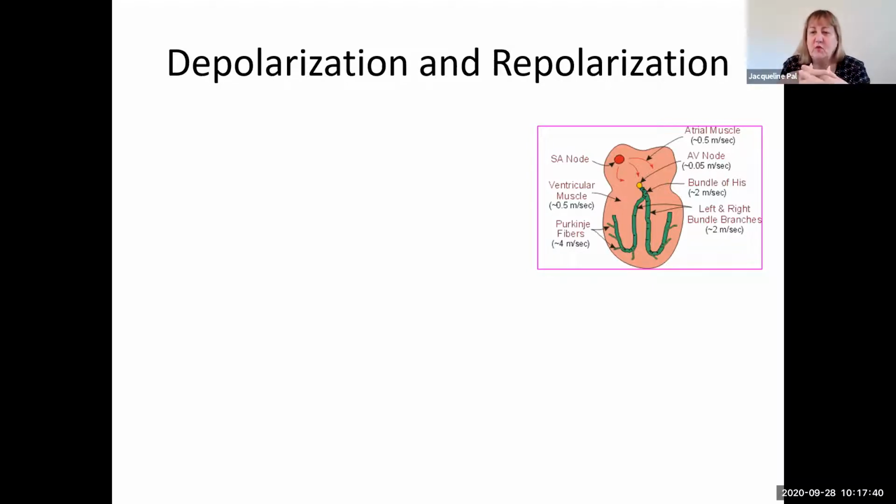The impulse will reach the atrioventricular node, which is just above the tricuspid valve, just above the fibrous skeleton of the heart, and a new impulse is generated from here, which then travels at a slight angle to get into the interventricular septum through the bundle of His.